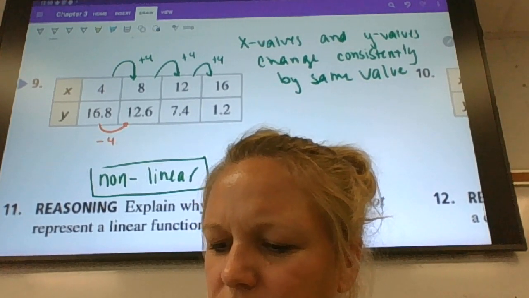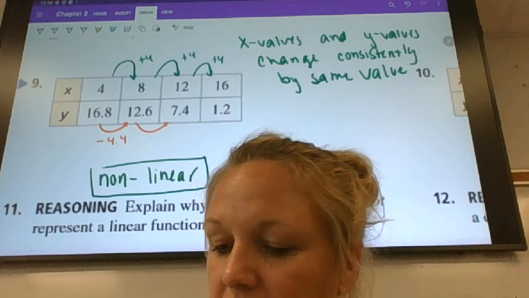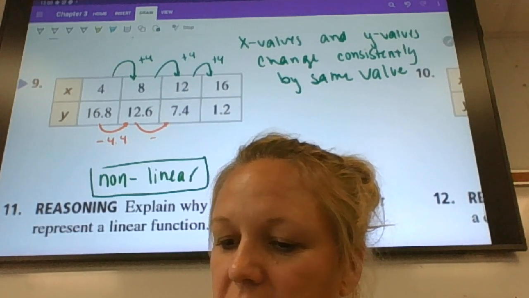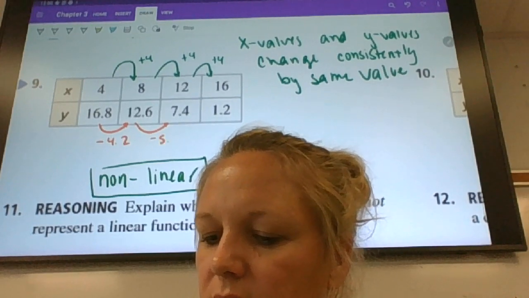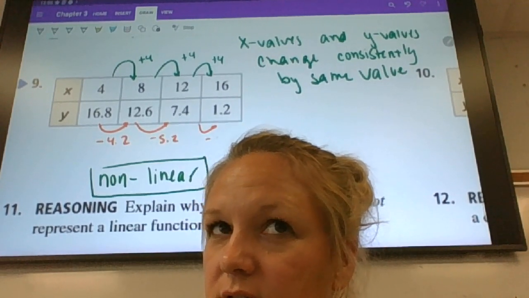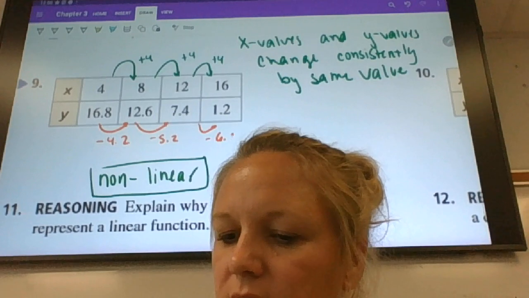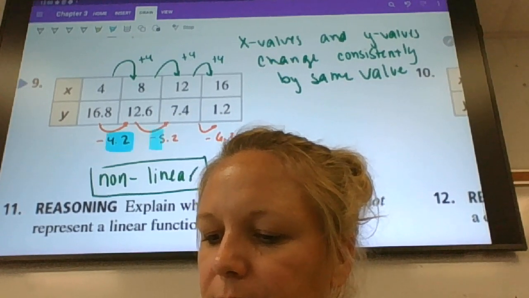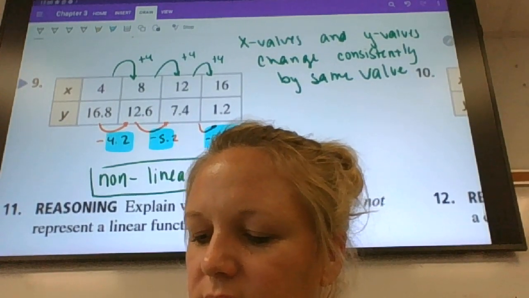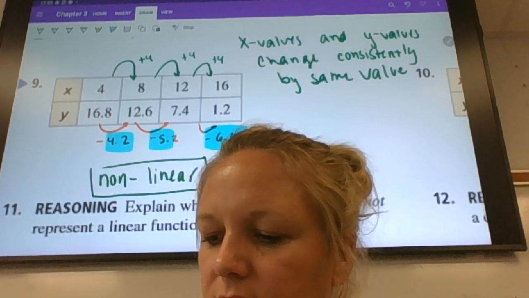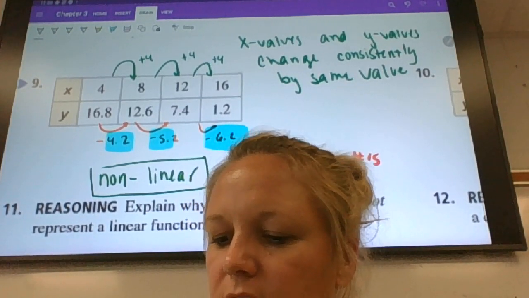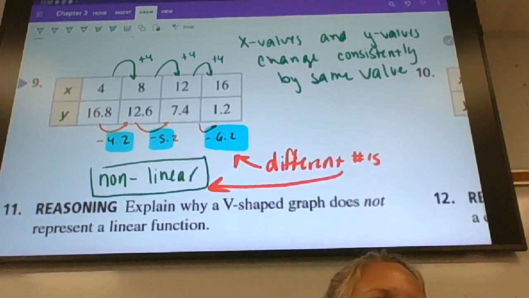What is this, 14.4.4? And then what's the next one? 6. Okay. Non-linear, different numbers.